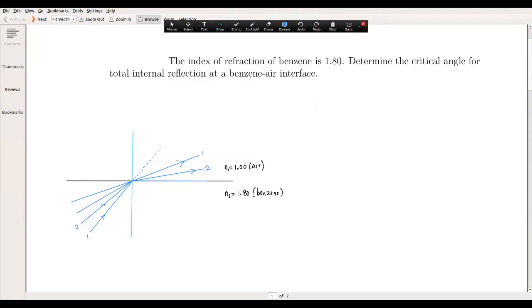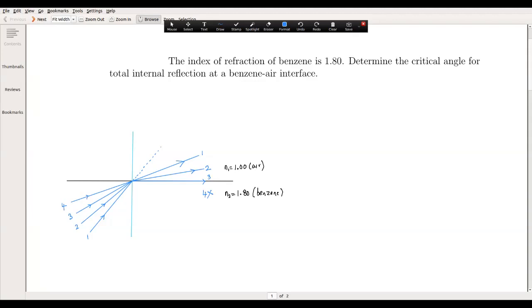Ray 3 is actually the limiting scenario where it barely grazes the interface. So that's 3. And 4 cannot go beyond that. So 4 doesn't exist. So 4 does not refract. So the energy does not go into the air at all, but it will still reflect.